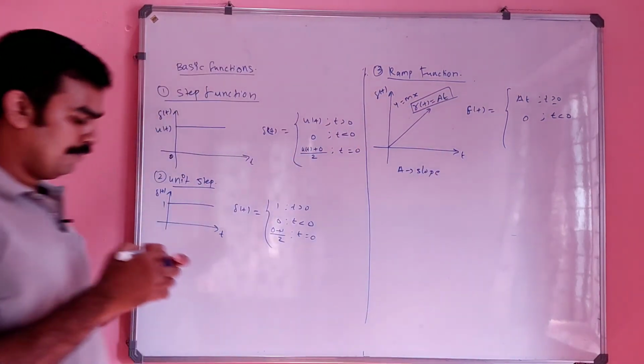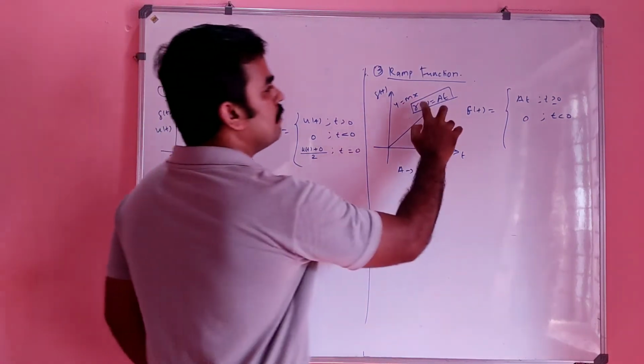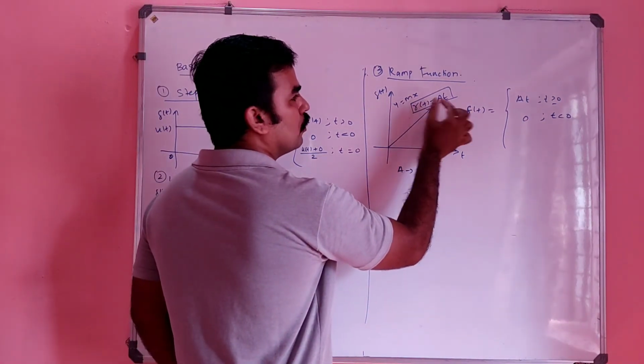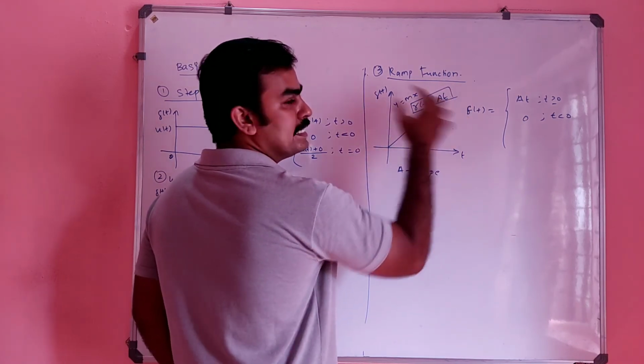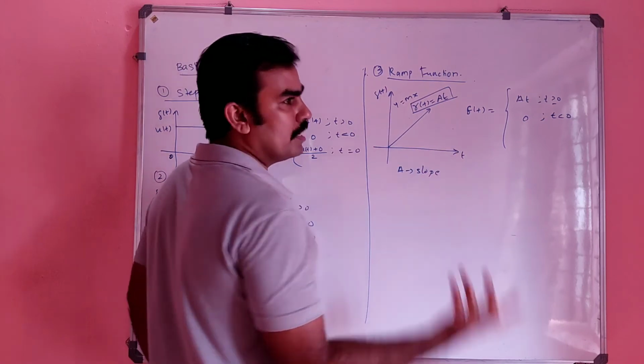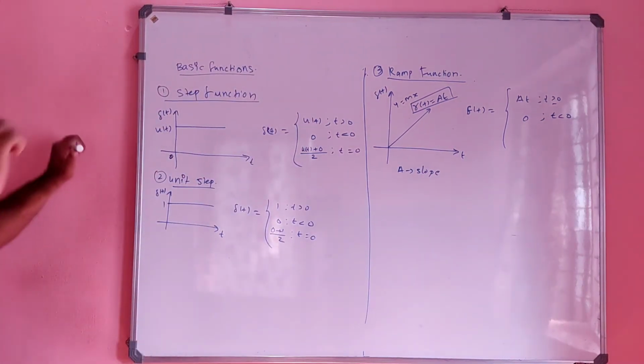This is correct. Here y is r of t, the signal, f of t or r of t equal to a into t. a is the slope and t is the time axis. That is y is equal to mx, so m is the slope.